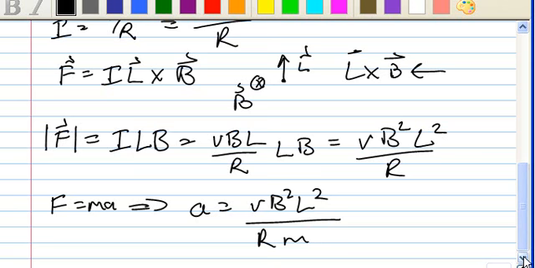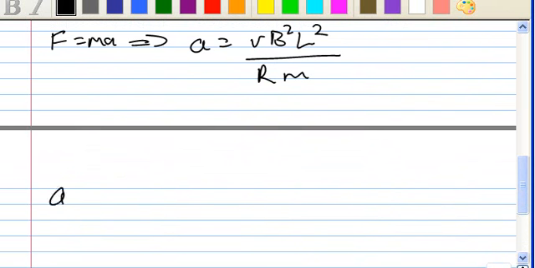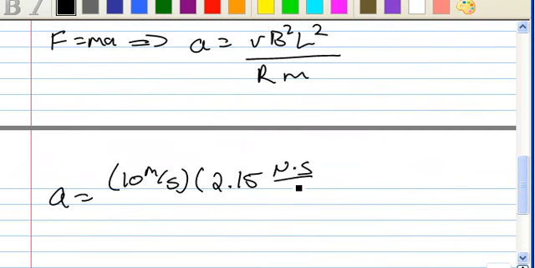All right, so the last thing to do is just put in the quantities and solve for the acceleration. We're given that the velocity is 10 meters per second. The B field is equal to 2.15 newton seconds per coulomb meter, that's a Tesla, squared. Times the length squared, 0.30 meters. Let's work in SI units squared.